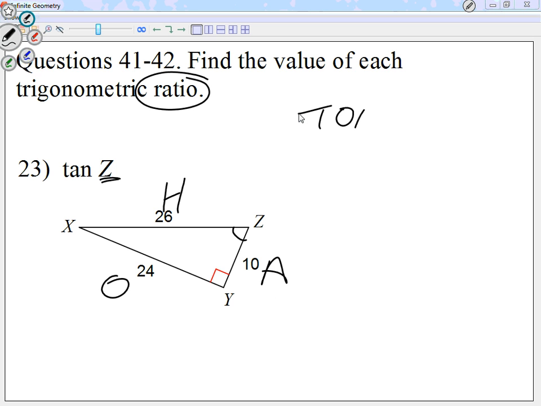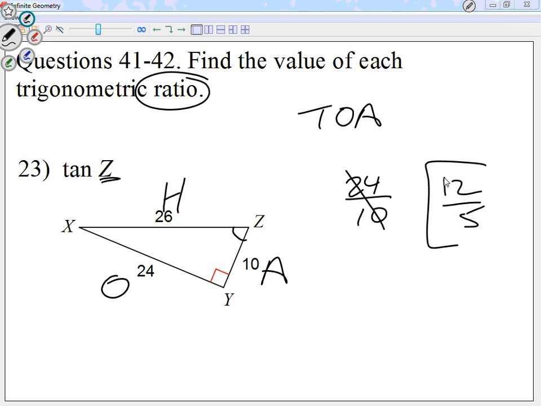I remembered something about tangent. I know tangent is opposite over adjacent. So I'm going to go 24 over 10. Simplify the fraction as much as we can. Let me divide each by 2. So I'm going to have 12 over 5. Any questions on these?